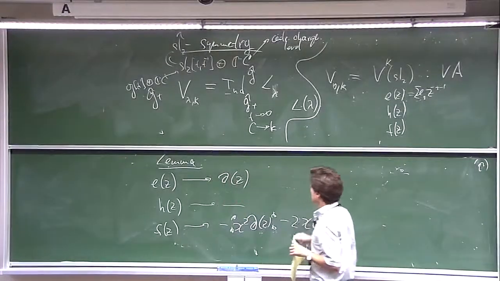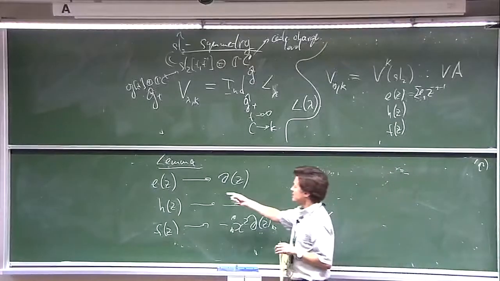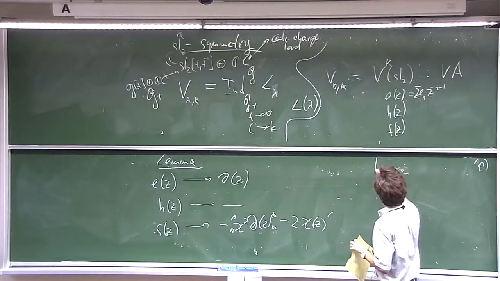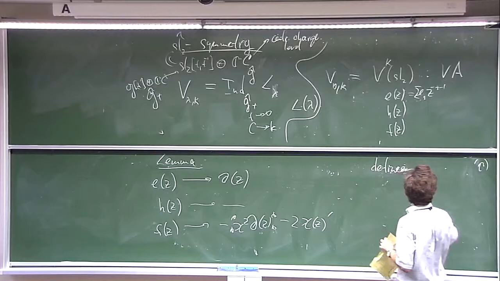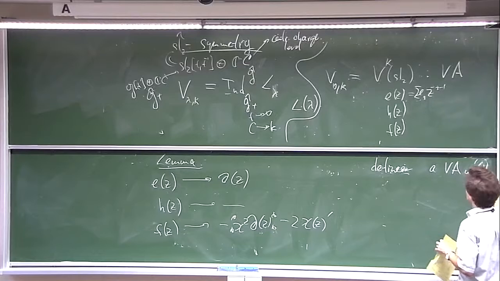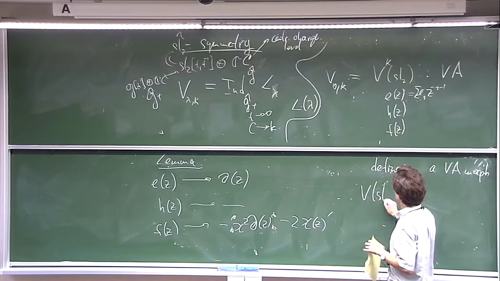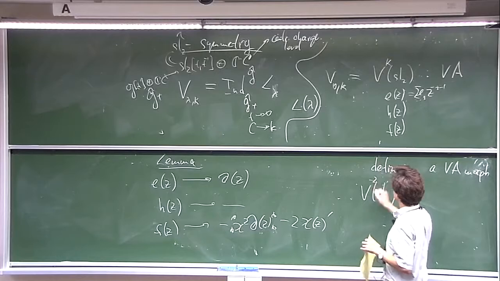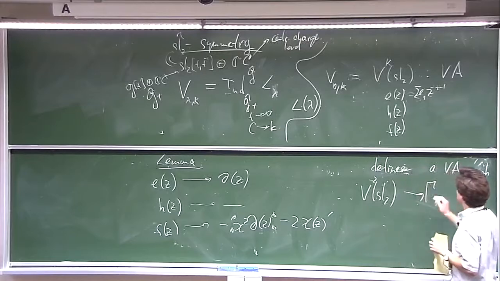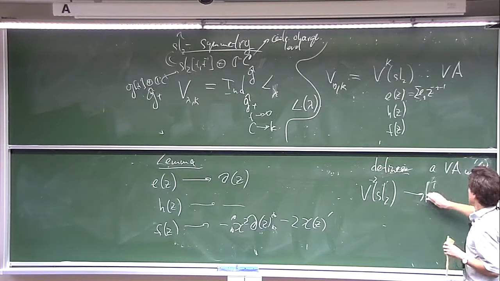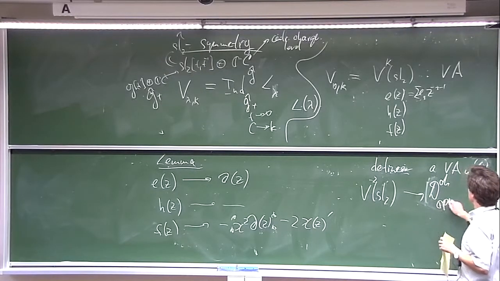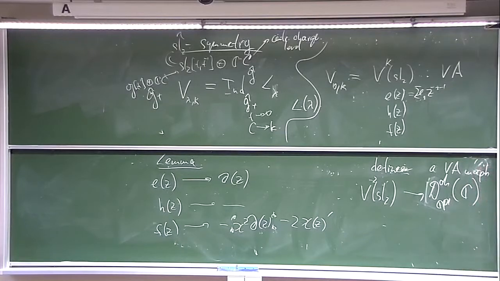So the assignment that sends E to this and F to this defines a vertex algebra morphism from the vertex algebra of SL2 at level minus 2, well, just look at the notation, to the space of sections of my sheaf on the corresponding chart.